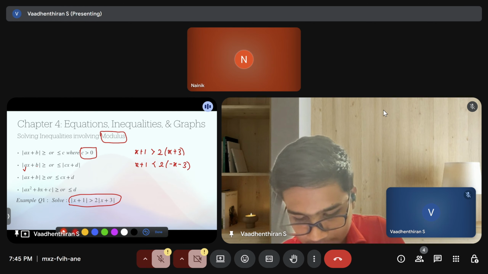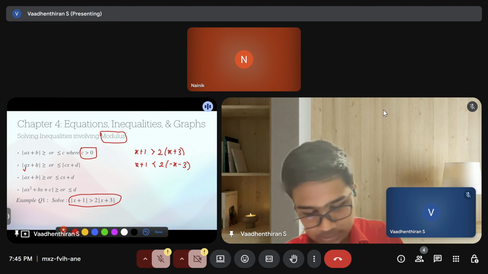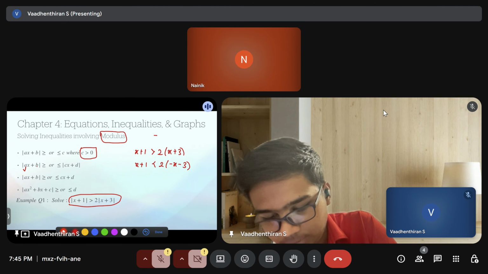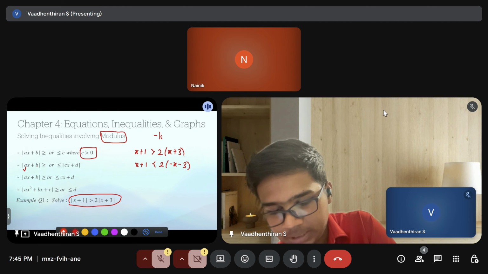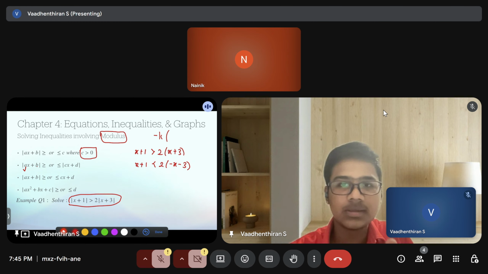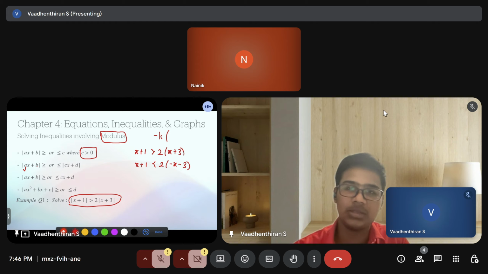You know how I got this less sign? Whenever you're multiplying any inequality with a negative integer, say negative k, the sign changes. Multiplying and dividing will make the sign change. Adding and subtracting doesn't make the sign change.